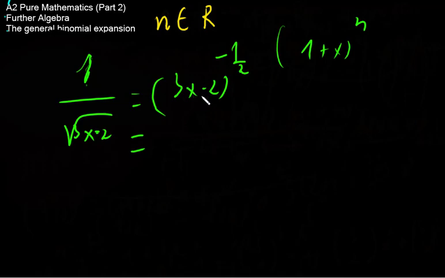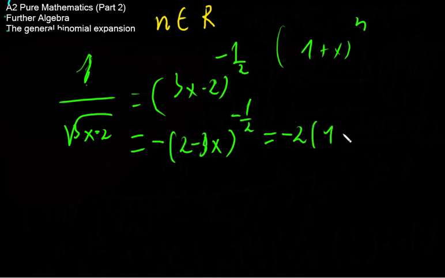So here we have 3x minus 2. And if we want 1 plus x, we must try to get this 2 to be positive. So we put a negative sign in front of it. So we have 2 minus 3x to the power of minus 1 over 2. So this is the same thing. And this is also equal to 2 to the power of minus 1 over 2 times 1 minus 3 over 2 x to the power of minus 1 over 2.